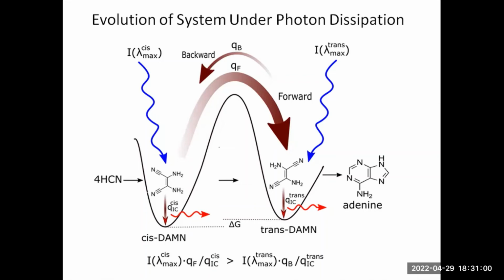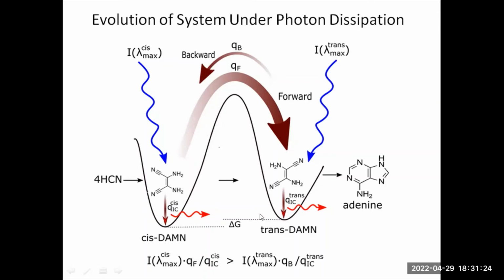So that depends on the conical intersection for quenching, or dissipation, to the ground state. And the same for the case of trans-DAM. So we have different quantum efficiencies for this dissipation to the ground state through internal conversion.